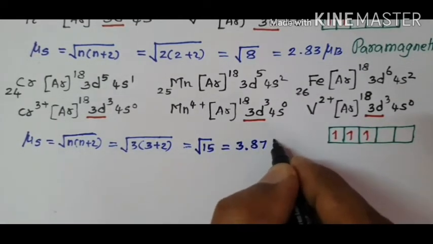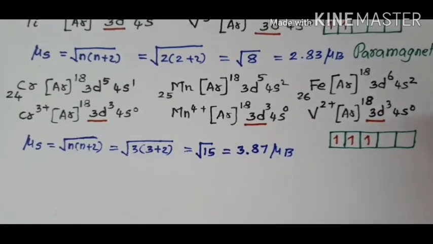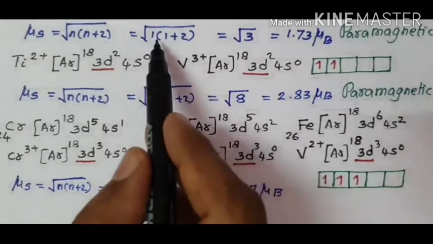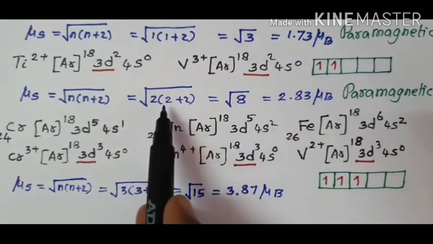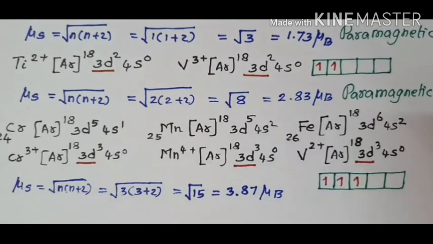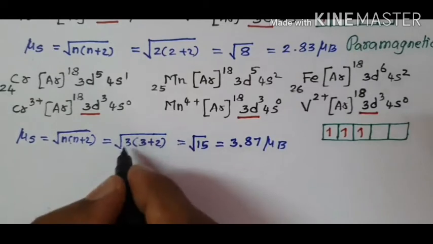3.87 Bohr magneton. If your number of unpaired electrons is equal to 1, the answer starts with 1.73. If the number of unpaired electrons is 2, the answer starts with 2. If the number of unpaired electrons is 3, the answer starts with 3.